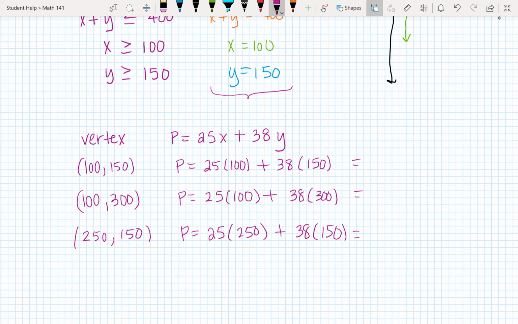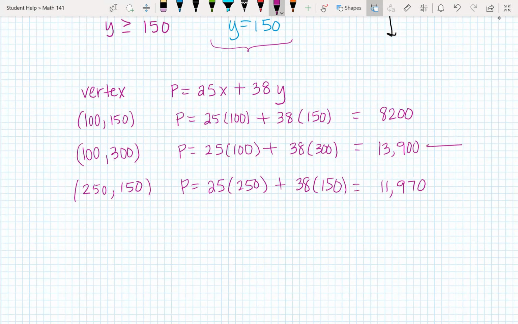And we would get, this one's 8,200. This one's 13,900. And this one's 11,950. So it looks like this is going to be the combination that gives us our maximum.